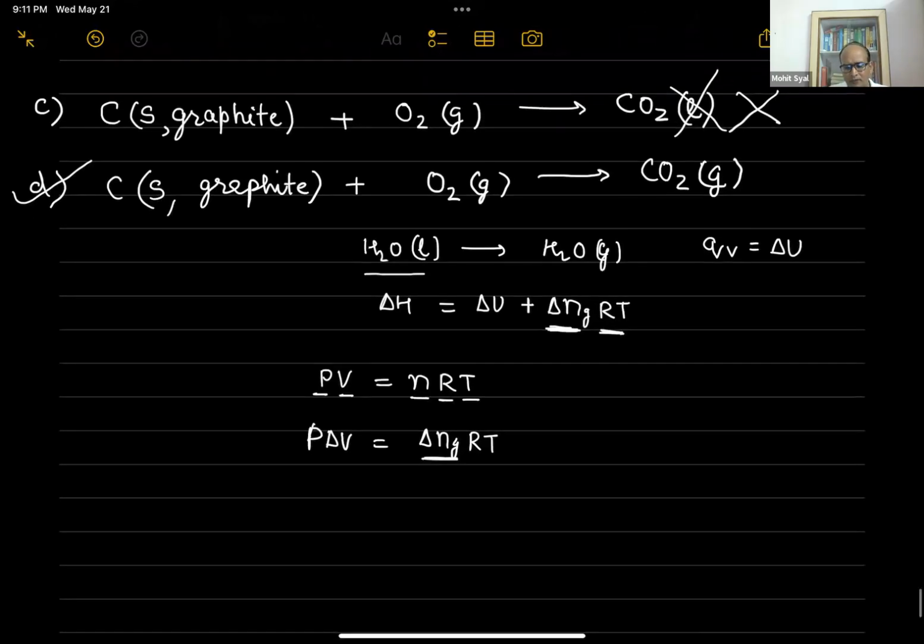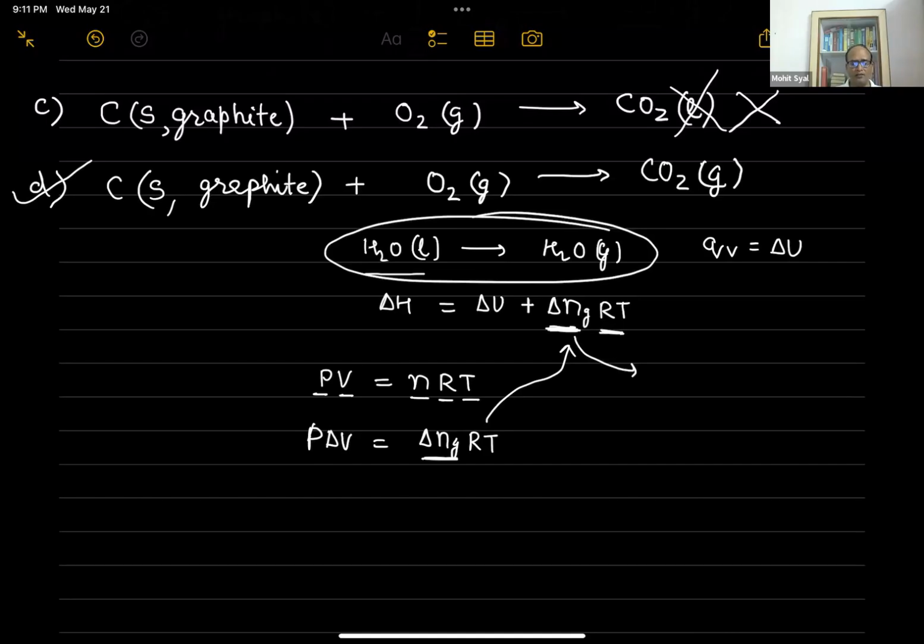There was no change in moles in the question. So then, if there is no change in moles, delta n is zero. But how many gases were there? You need the change in number of moles of the gaseous substance. So delta Ng for this is how much?